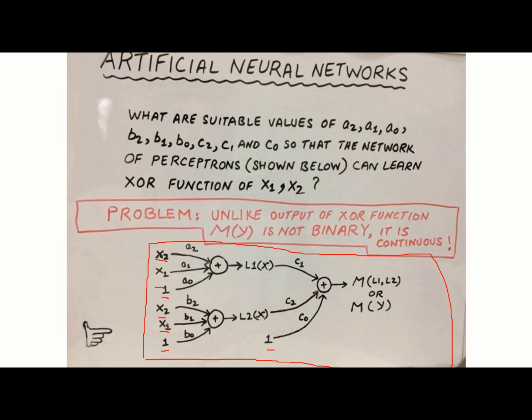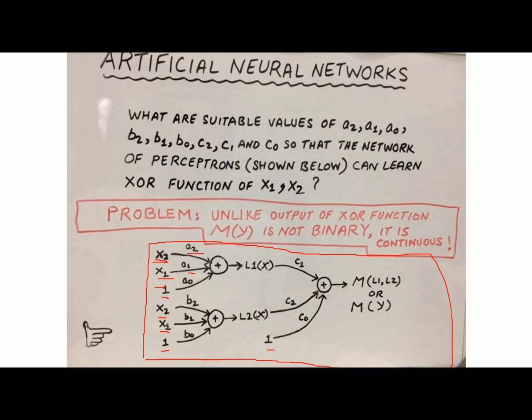So you can see there are two levels at which the learning occurs, and at the first level the inputs are multiplied by the weights, x2 with a2, x1 with a1, plus a0 multiplied by constant 1.